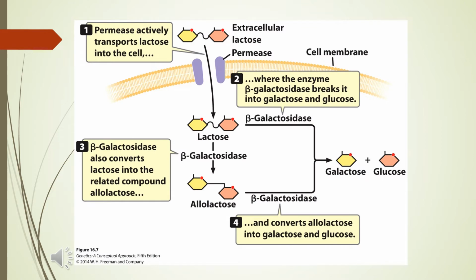So how does lactose metabolism take place inside the E. coli cell? First of all, permease, a transport protein, allows the entry of lactose into the cell.